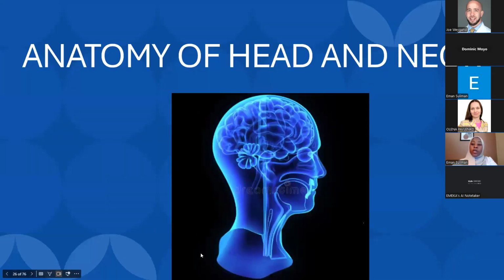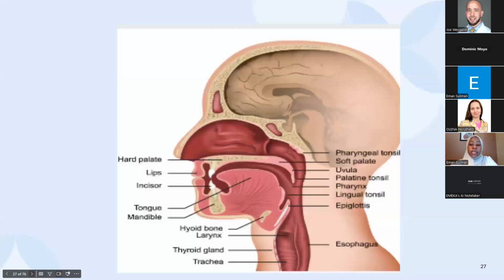Okay, now let's move on to talk about head and neck anatomy. This is a sagittal view of the oropharyngeal and nasopharyngeal parts. Here is the hard palate, and at the end it continues as the soft palate, and we have the tongue here, and here are the lips.